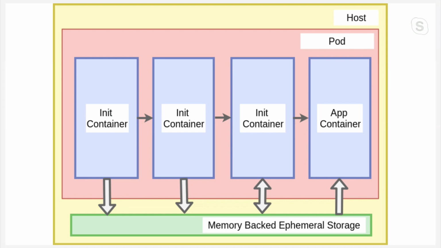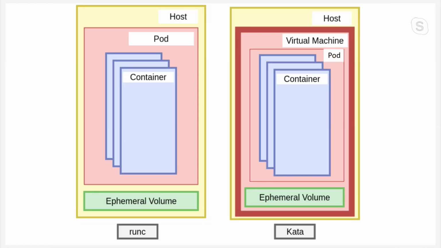So how do we take a typical application like this and try to make it as secure as possible using the SVM? Let's see how these runtimes differ in the way they deal with ephemeral volume or emptyDir type volume. The work we did with Kata enables us to move the ephemeral volume inside the confines of the virtual machine. Now, you know that ephemeral type volumes or emptyDir volumes have a life cycle tightly coupled with a pod.